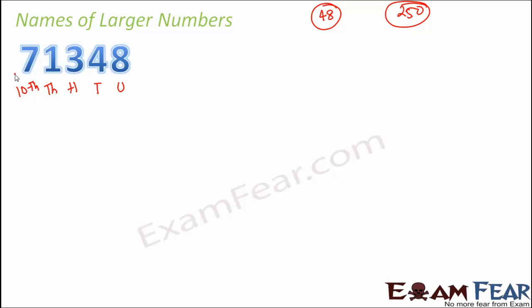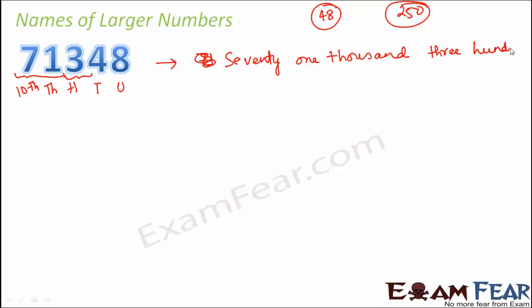You have 7 in 10,000s and 1 in thousands, so that would mean it is talking about 71,000. Then what do you have in the hundreds place? You have 3. So 71,300. In the tens place, 4, which is going to be 48.